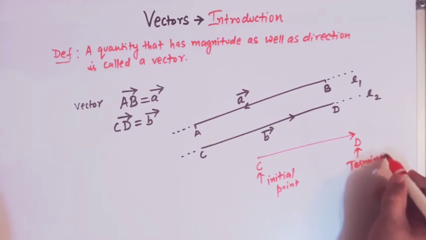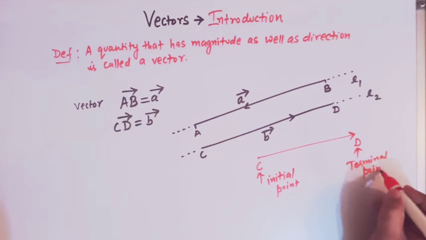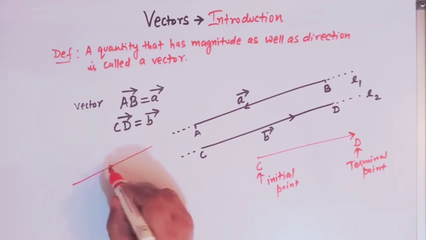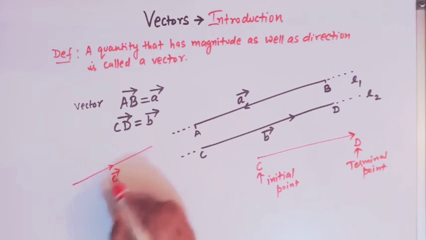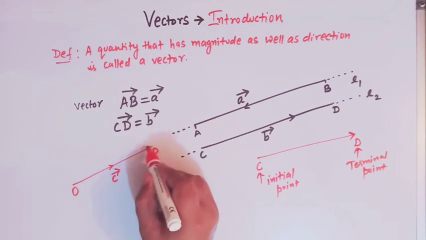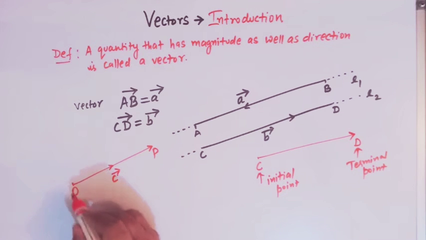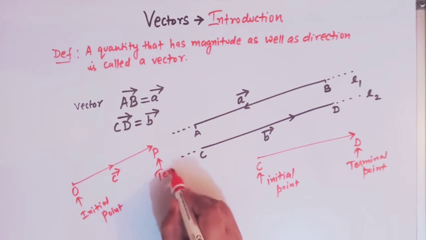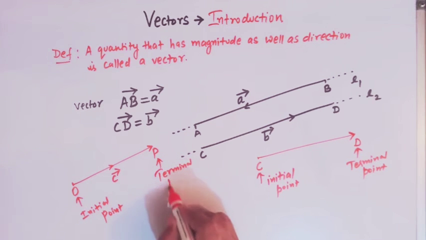For example, if we take a vector, suppose this is O and this is P, then O is known as the initial point and P is called the terminal point, right?